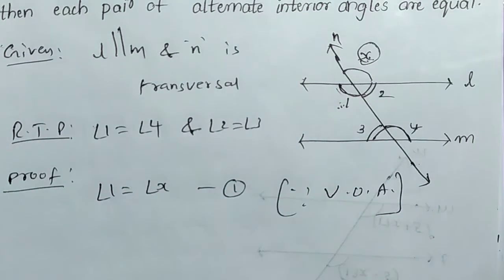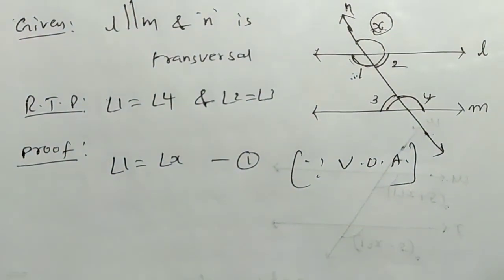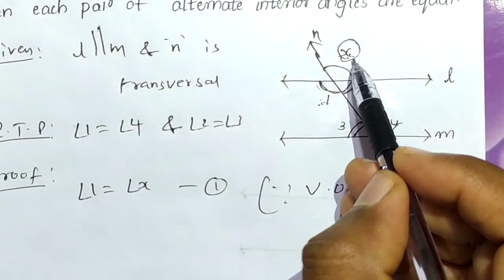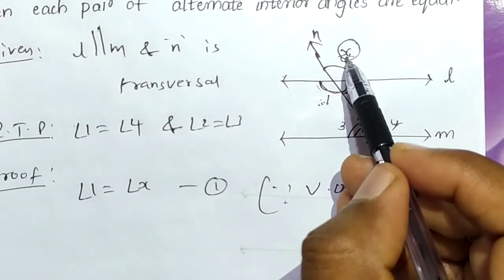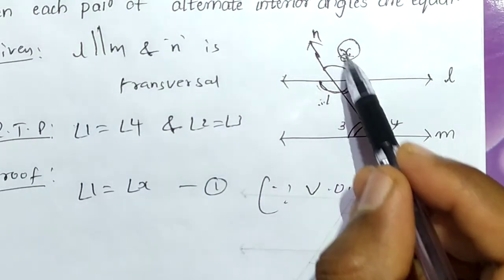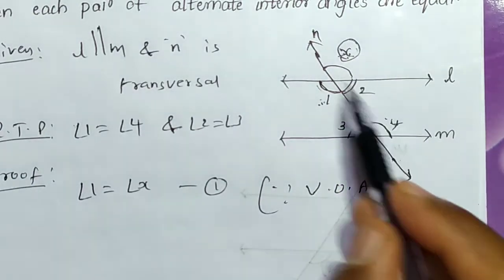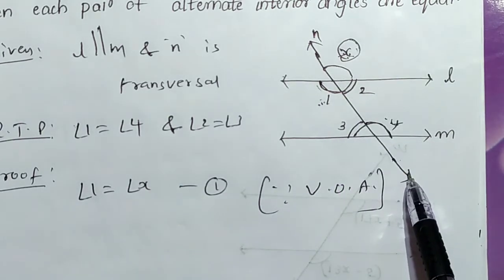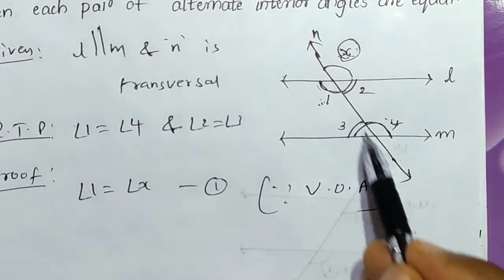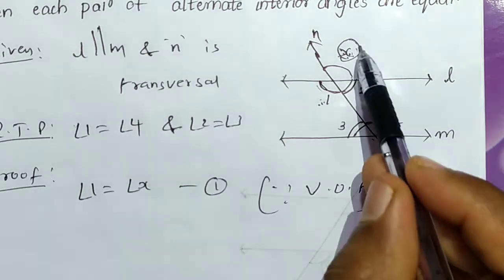Leave it. And we know very well its corresponding angle is angle 4, right? Corresponding angle of x is 4. These two angles are corresponding angles. If two parallel lines are met by a transversal at two points, then these two are called corresponding angles.